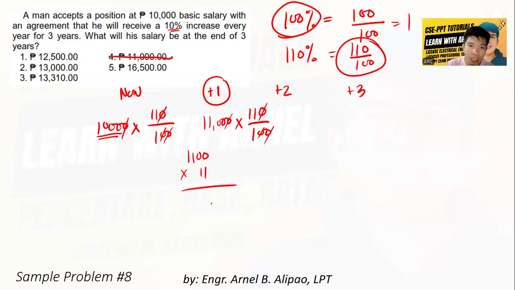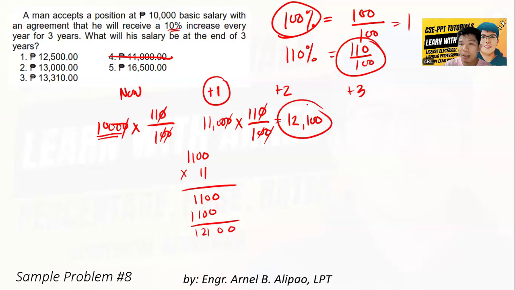Okay? So 1 times 1,100, 1,100, then 1 times 1,100, 1,100. 0, 0, 1, 2, 12,100. So meaning after 2 years, you get 12,100 salary per month.